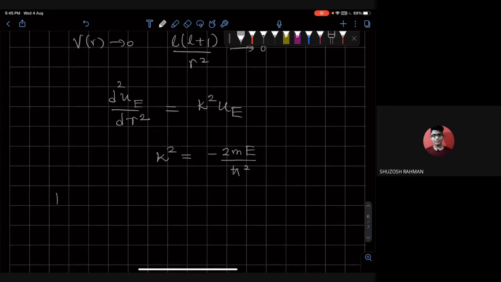Now, for bound states, and here we are interested in bound states, what is the sign of energy? The total energy of Earth around the solar system, is that positive or negative? Positive. Okay. What is your energy, sitting on the Earth, your total gravitational energy?